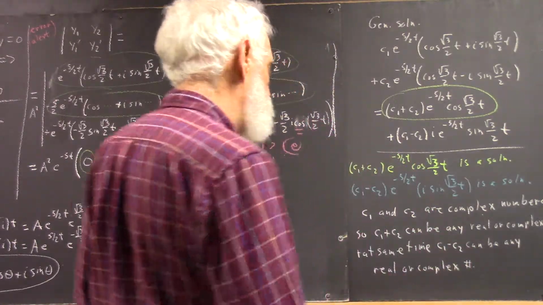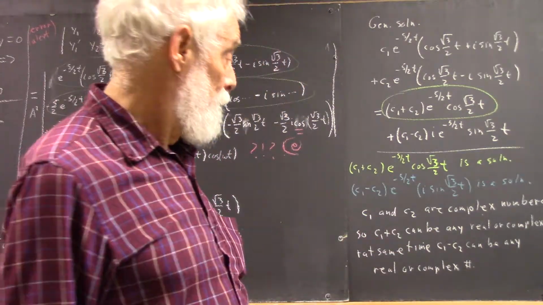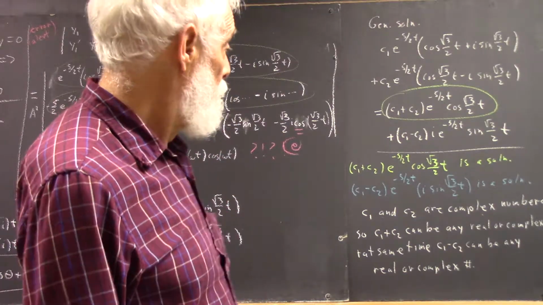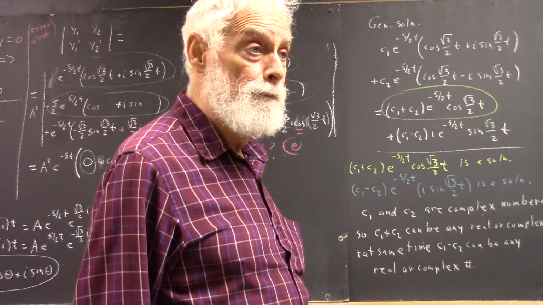So at the same time, C1 minus C2 can be any real or complex number. That's a big deal because it tells you, okay, from this and this, you can have two real solutions.